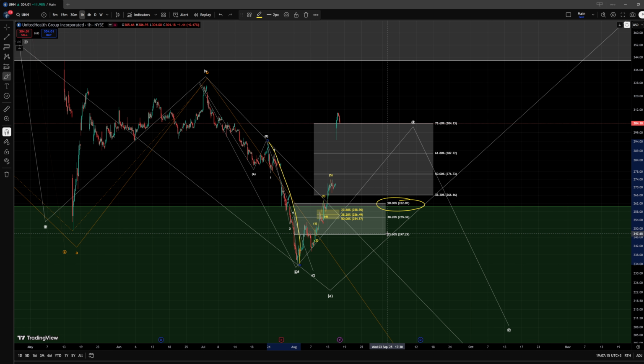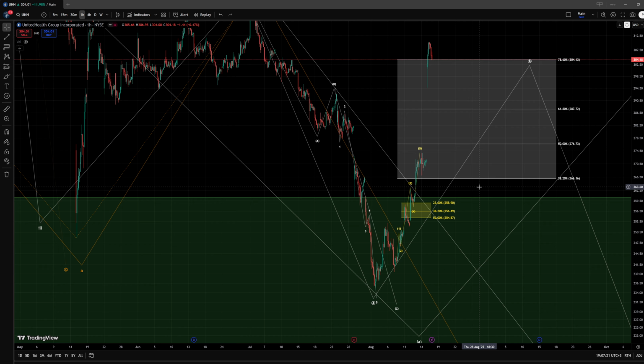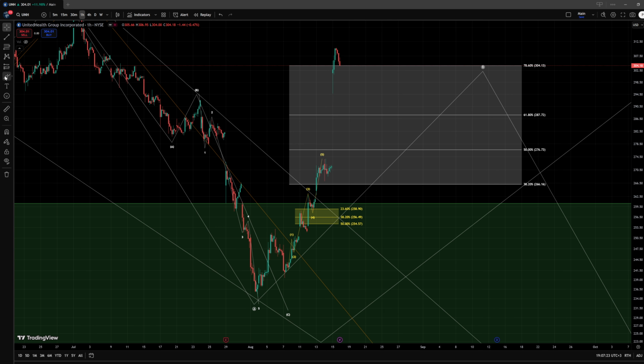But we actually broke it quite soon after, and I did provide in the alternative that we do push directly higher, especially based on the structure that has developed then. I did provide this support zone for continuation directly to the upside, and that seems to have worked out quite nicely.